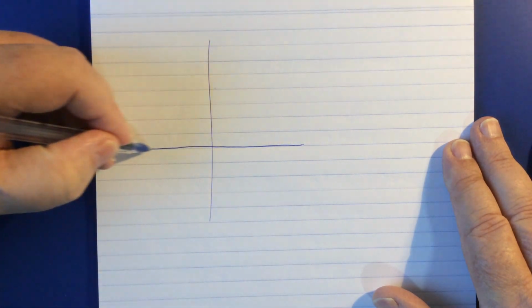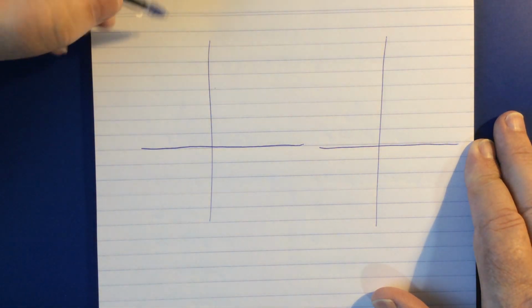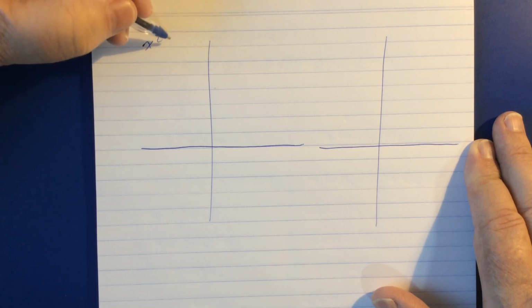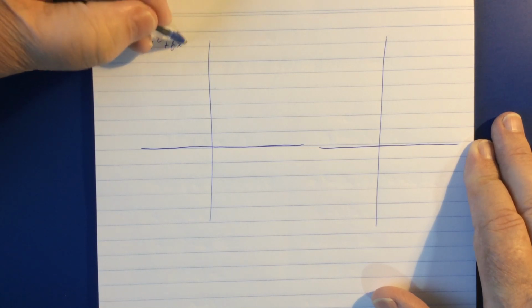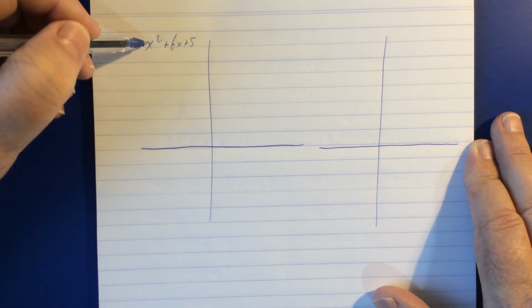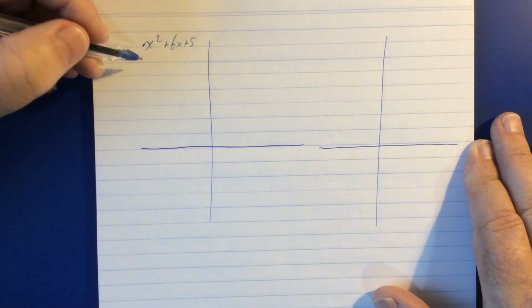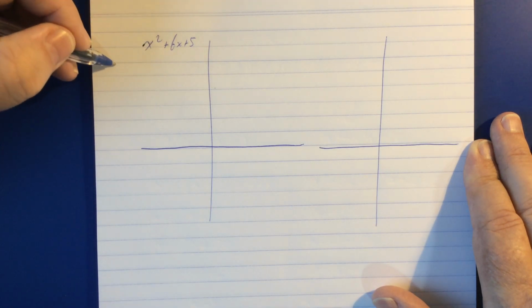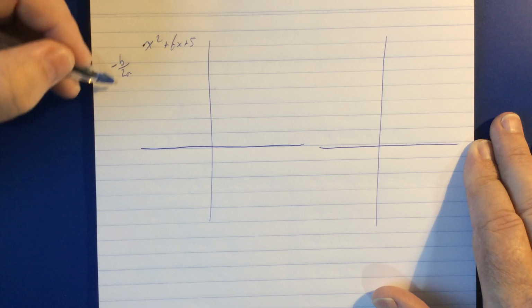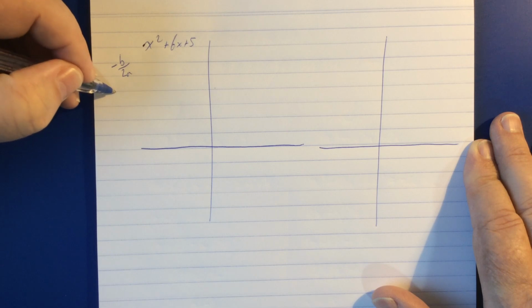Now, there are other ways of doing this, and we can get this done really quickly and easily this way if you so desire. So we've got x squared plus 6x plus 5, and we can work out the turning point of this simply by finding the x value of the turning point, and we can do that with negative b over 2a. So negative b is negative 6 over 2, so that is negative 3.